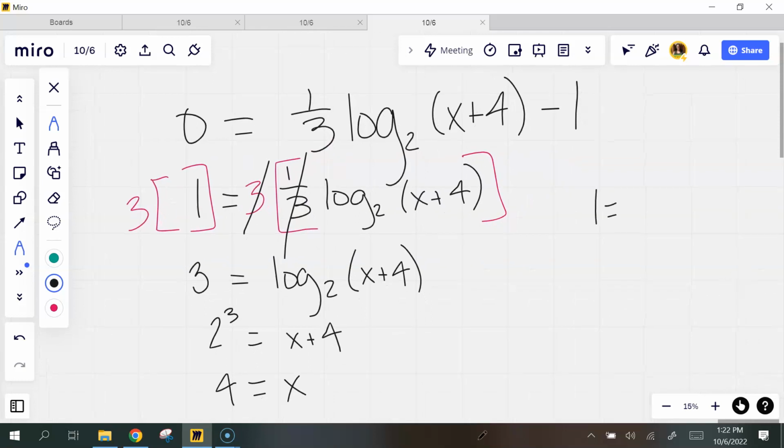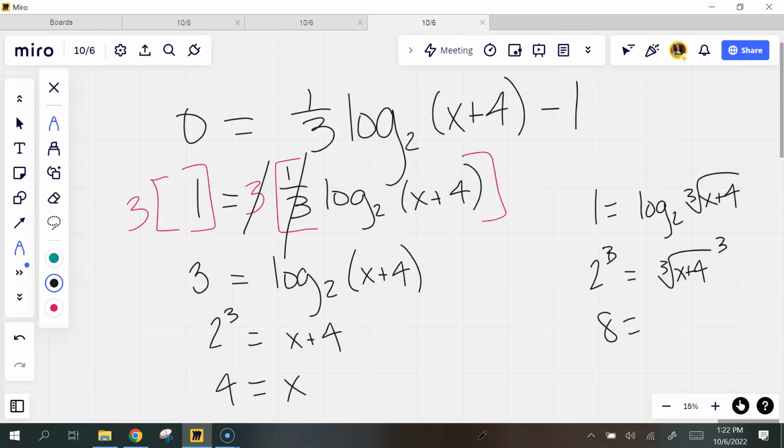So you did log base 2, third root, x plus 4, and then you changed the form. 2 to the first. Raise both sides to the third power. You knew it was 2. X-intercept.